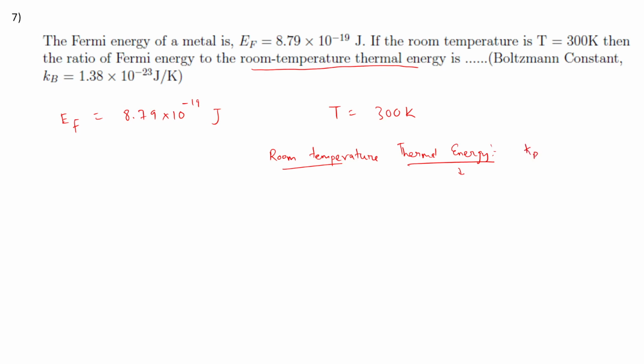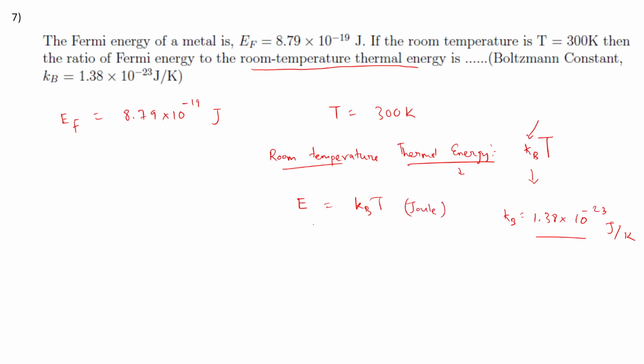So you simply multiply by the Boltzmann constant, kB times T. In SI units, kB is 1.38 × 10^-23 joule per Kelvin. If you use this value, you will get energy in joules.